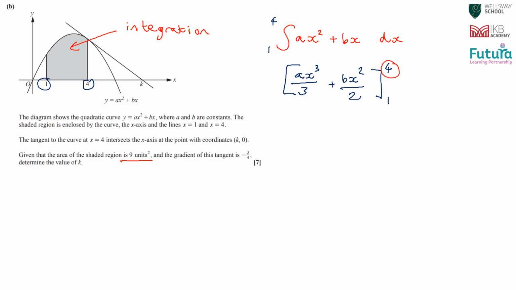When I substitute in x equals 4, we get 4 cubed divided by 3, which gives us 64 over 3 a, and 16b over 2, which is 8b. When we substitute in 1, we get a over 3 plus b over 2.